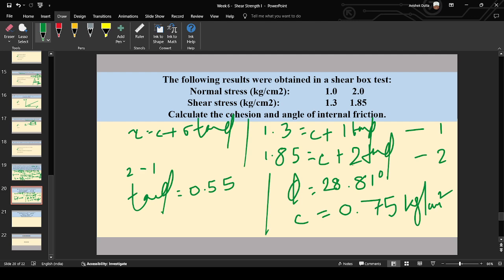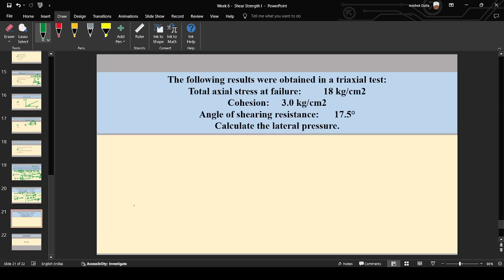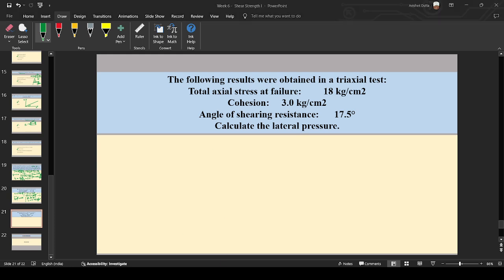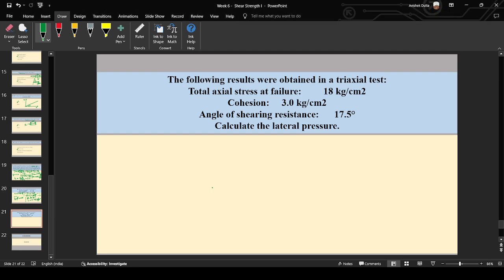Next question. Okay, here total axial stress is given. Calculate the lateral pressure. This is a classical case of triaxial shear test. I'll just write the data.